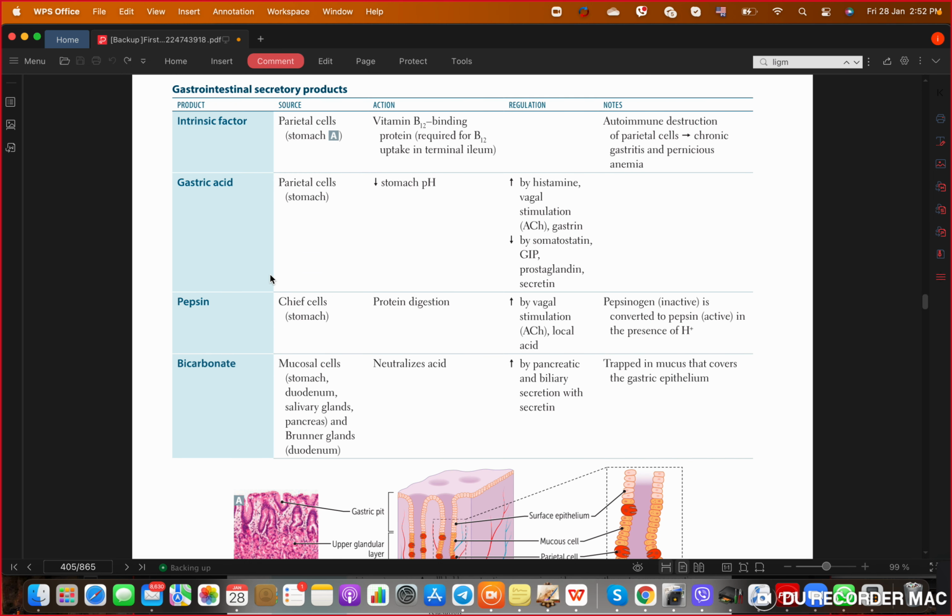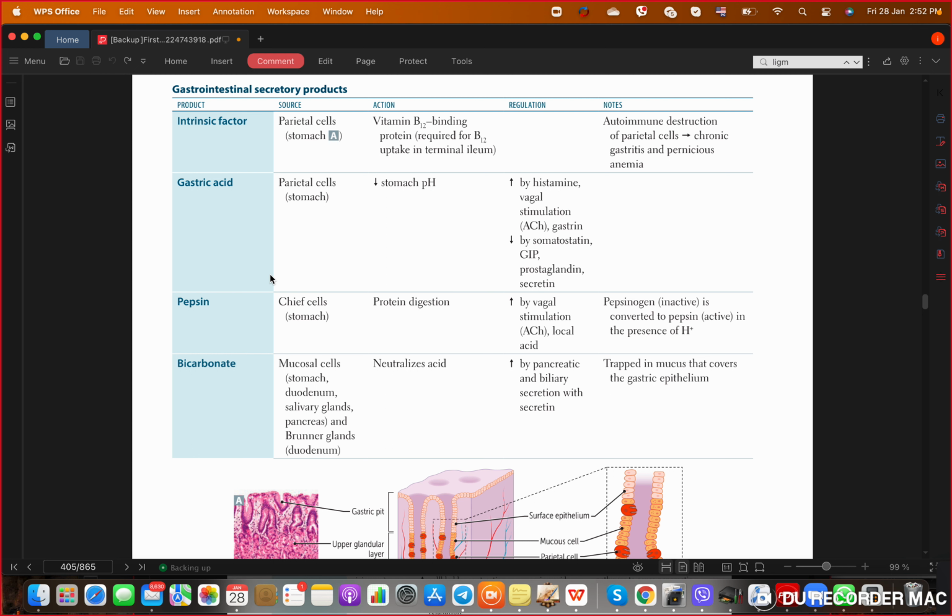So let's speak about bicarbonate. It neutralizes the acid. Where does the acid come from? The chief cells, and where does it come from, doc? The gastrin. Yes, absolutely. Well, not gastrin, HCl. The gastrin is just a hormone. So bicarbonate increases by pancreatic and biliary secretion with secretin.